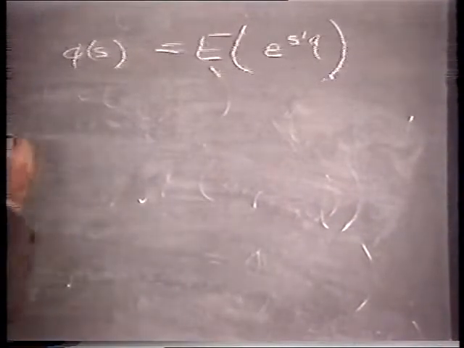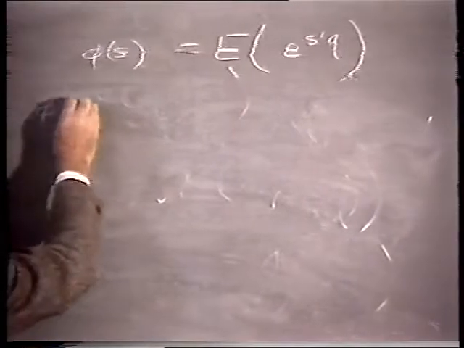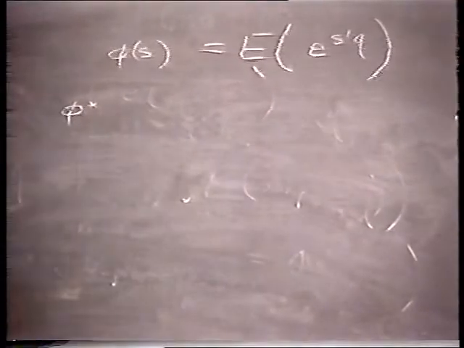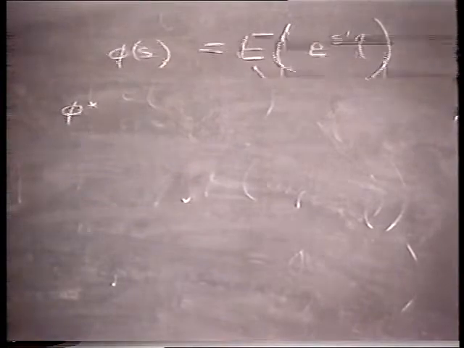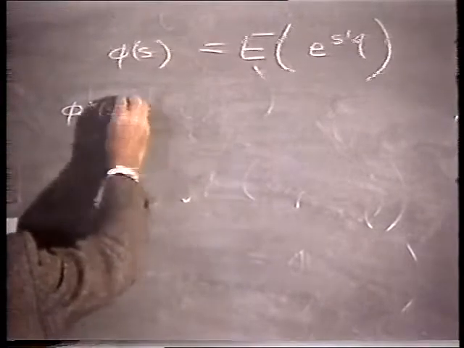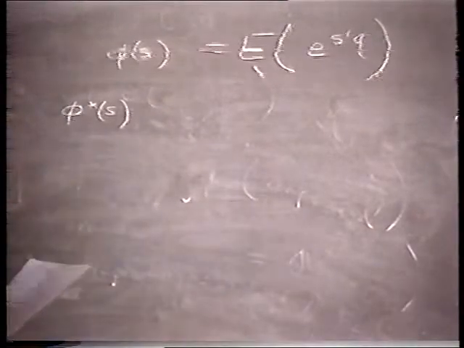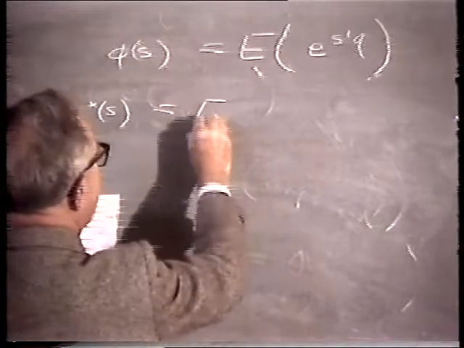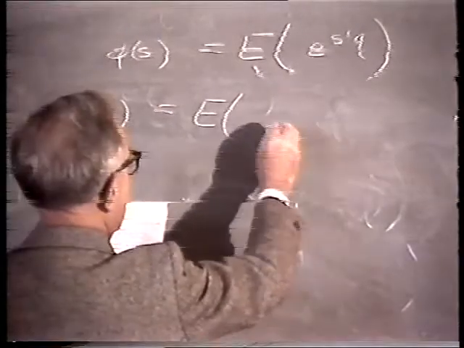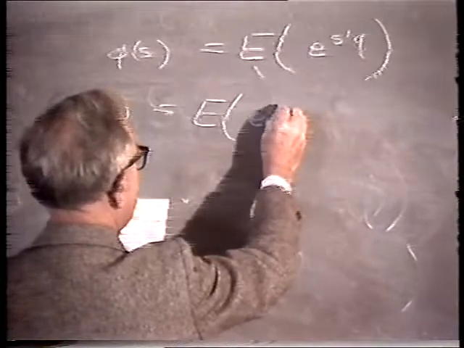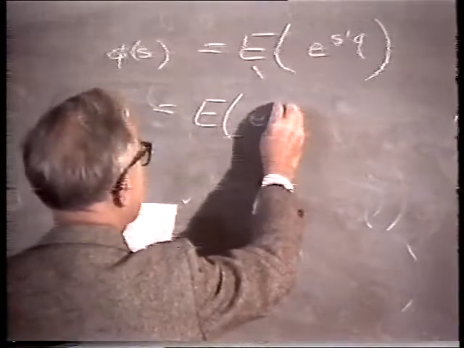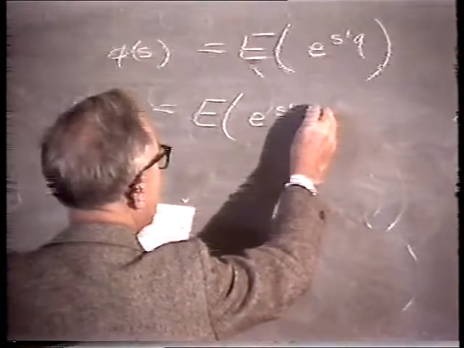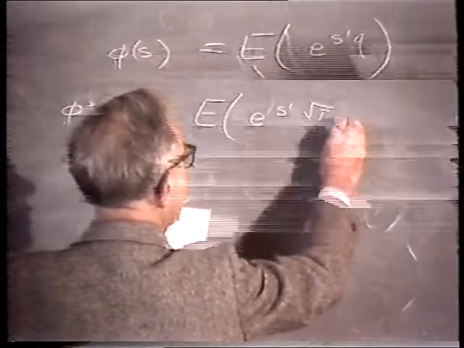The next property, I think, is more easily seen in looking at, I'll call it phi star of s. It's very simply related to our previous one, because it's obtained by looking at the cumulant generating function for square root of t times q.